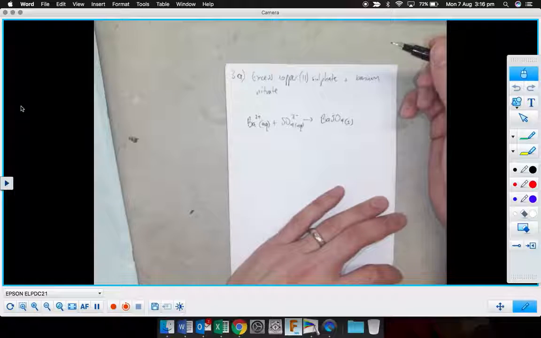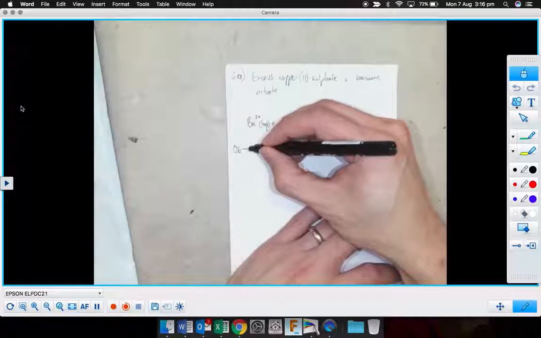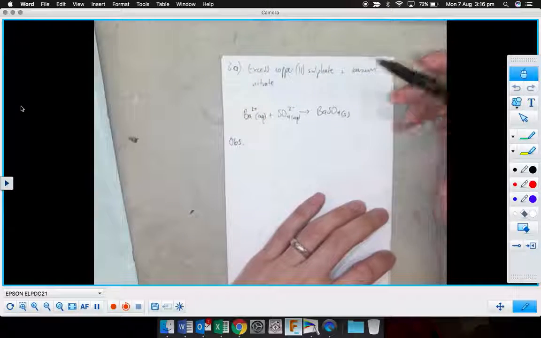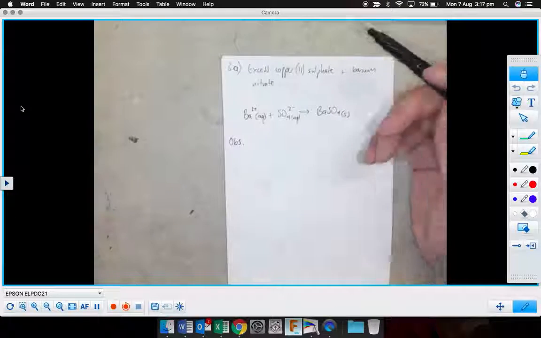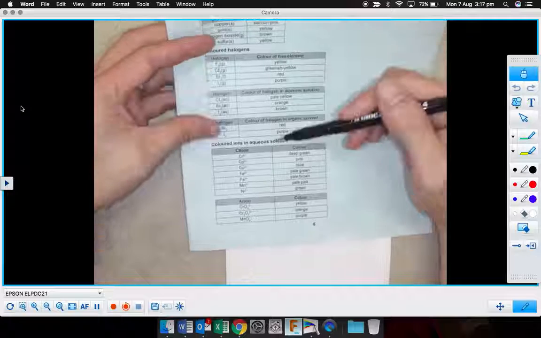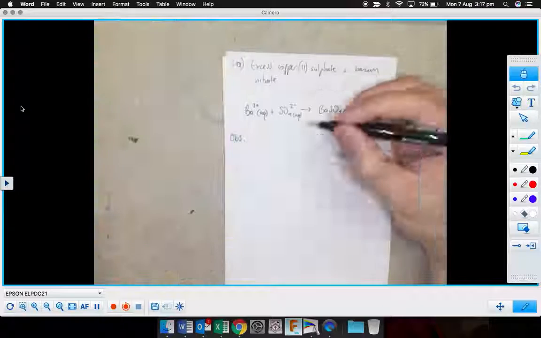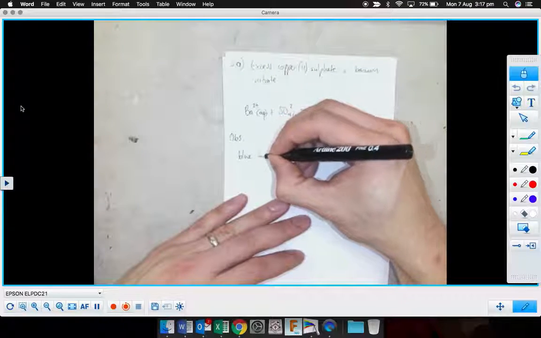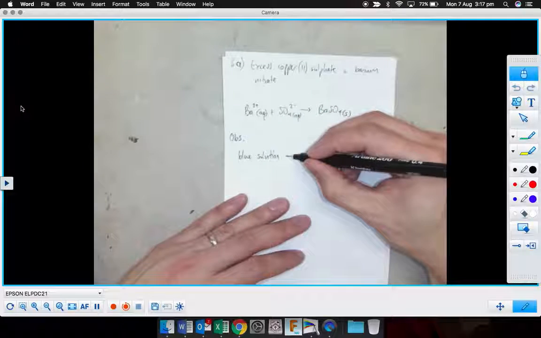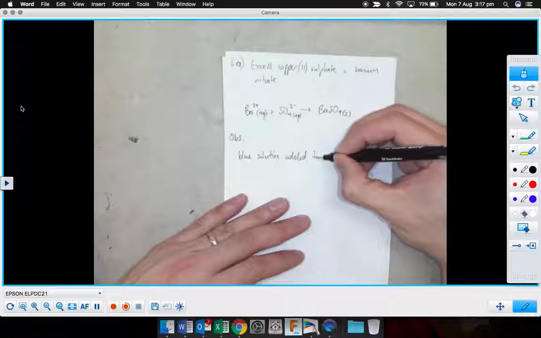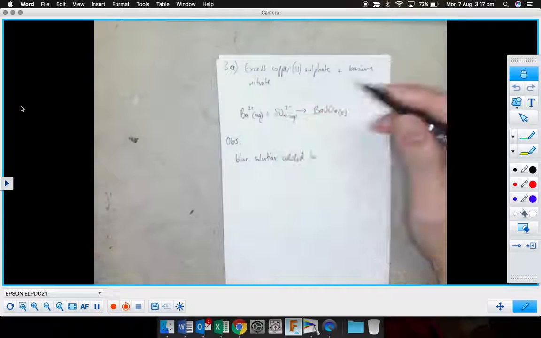Right? Now let's look at some of the observations. So, what color is the excess copper 2 sulfate? So the copper 2 sulfate, let's have a look. Copper ions are blue in color. So we have a blue solution added to, what color is barium nitrate? What color is the barium ion?